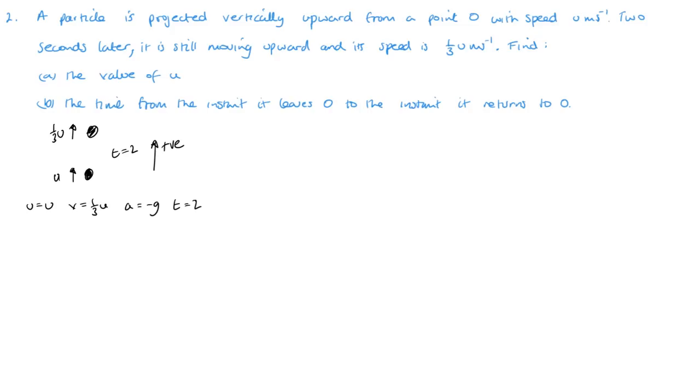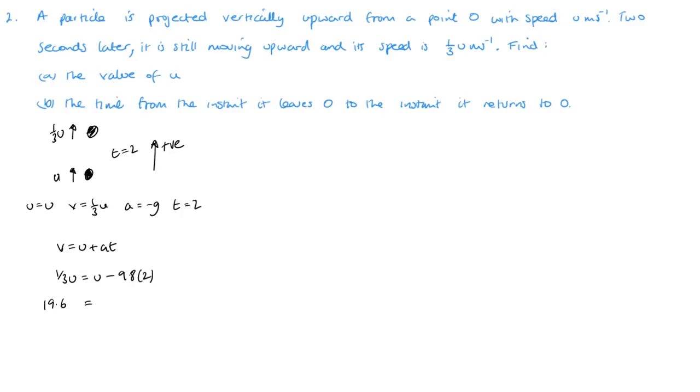So what has u, v, a and t in it? And that is v equals u plus at. So that is 1/3 u equals u minus 9.8 times 2. So 9.8 times 2 is 19.6.